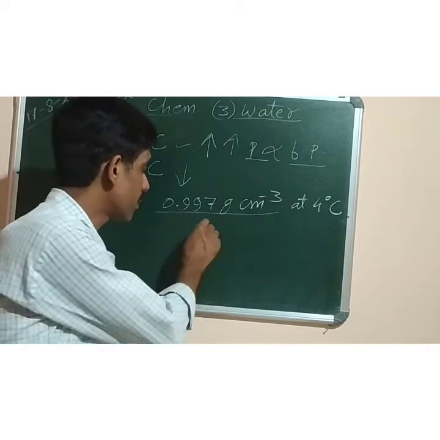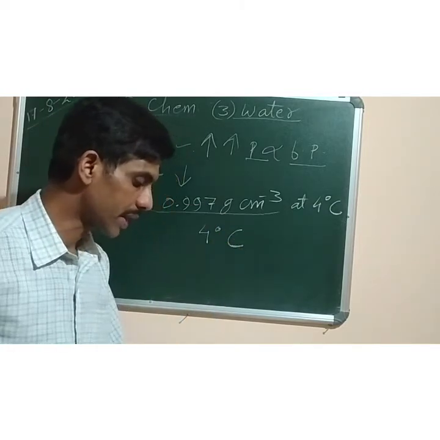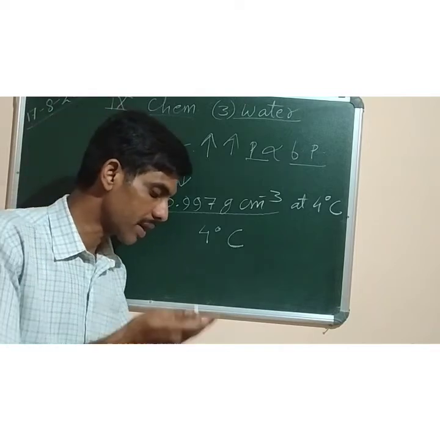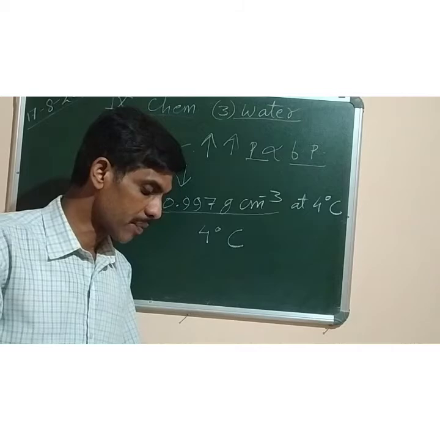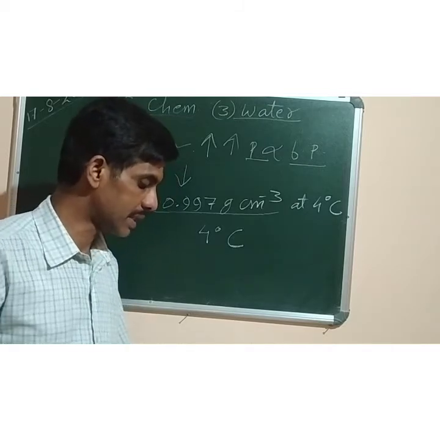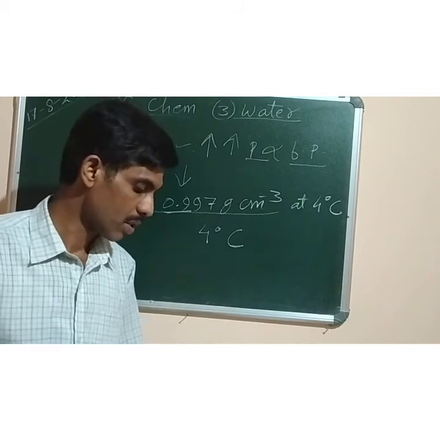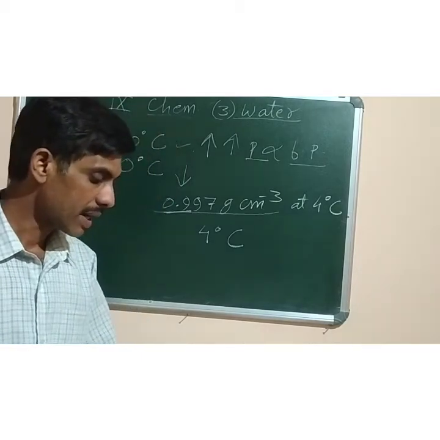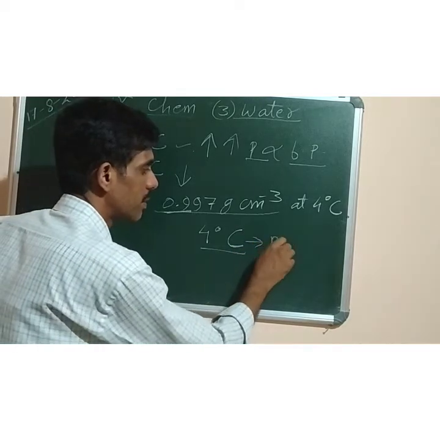Above 4 or below 4 degrees C, the density of water is less than this value, which is the standard value. So it is said that at 4 degrees C, water has the maximum density.